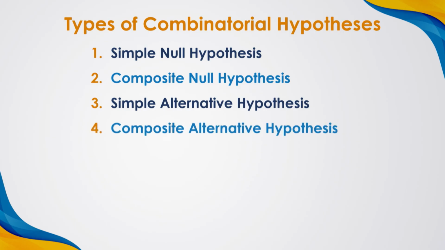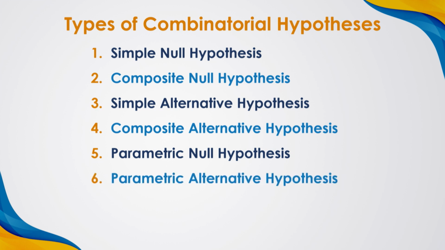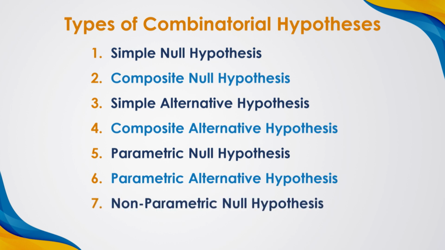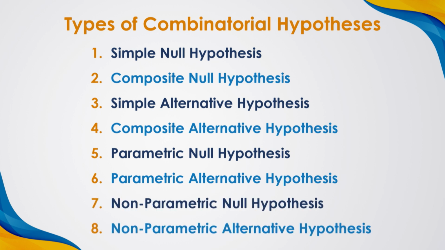In this combinatorial hypothesis, there are 8 categories: simple null hypothesis, composite null hypothesis, simple alternative hypothesis, composite alternative hypothesis, parametric null hypothesis, parametric alternative hypothesis, further non-parametric null hypothesis as well as non-parametric alternative hypothesis.